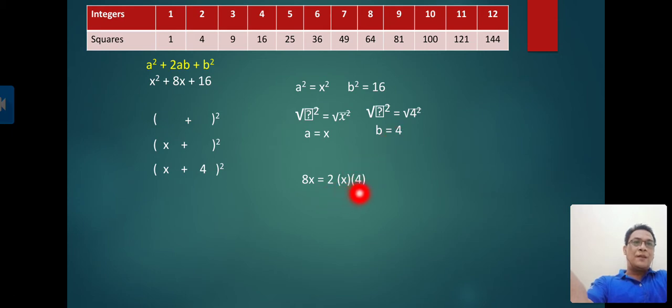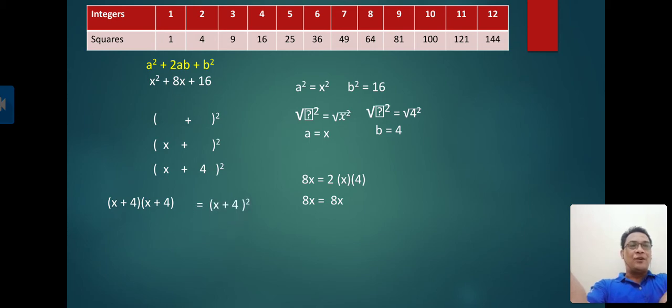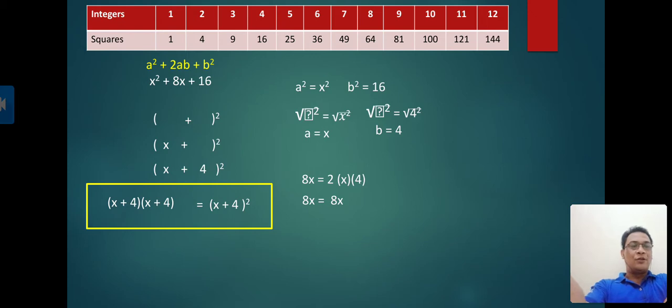So 2 multiplied by 4 is 8, multiplied by x, that will be 8x. So this proves that x squared plus 8x plus 16 is a perfect square trinomial. Therefore, its factor is the quantity x plus 4 multiplied by the quantity x plus 4, or simply x plus 4 squared. So that is the factored form.